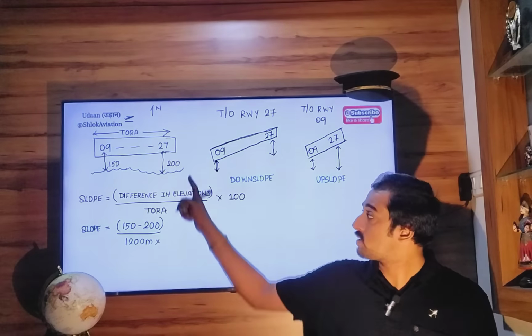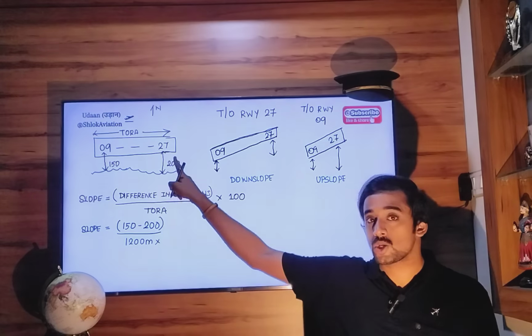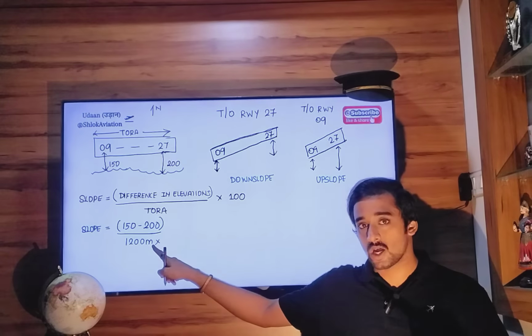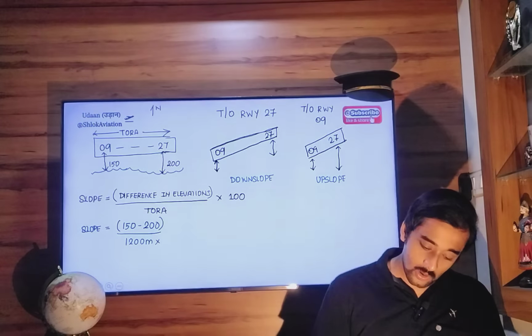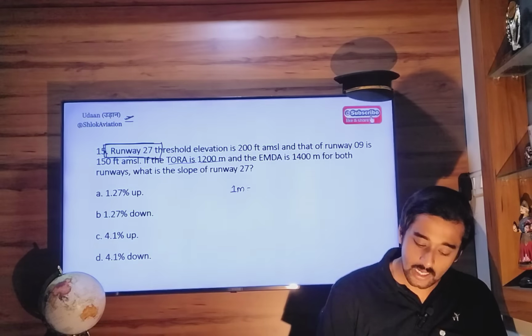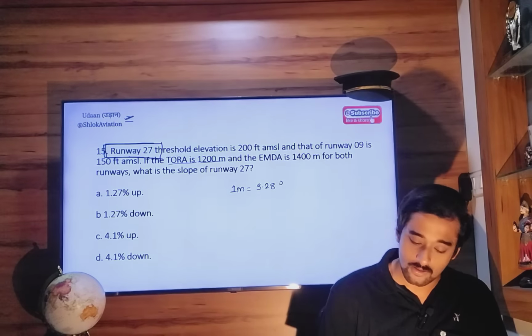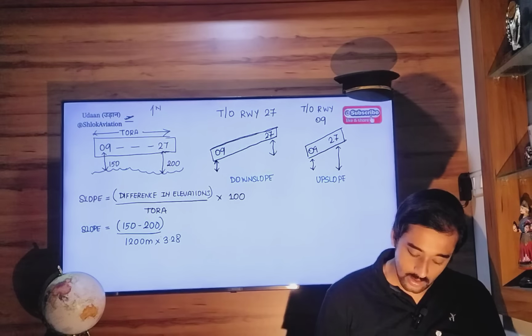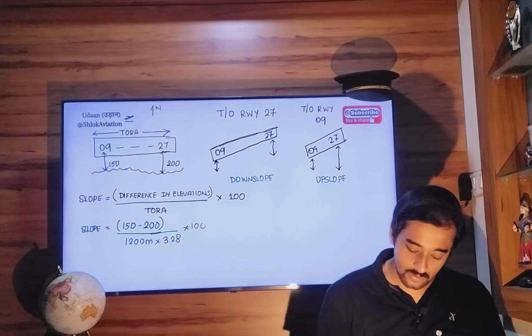Now we know that it's 150 feet, 200 feet, and this is 1200 meters. So convert this into corresponding feet. We know that 1 meter equals 3.28 feet. So 1200 will be 3.28 into 1200.